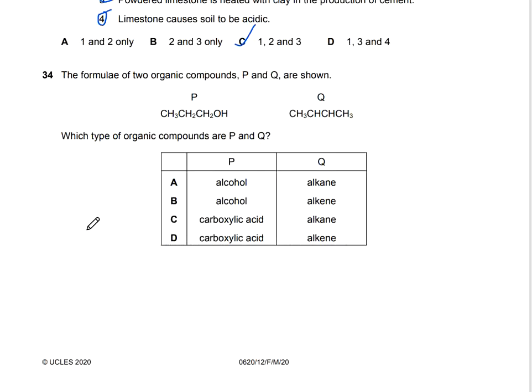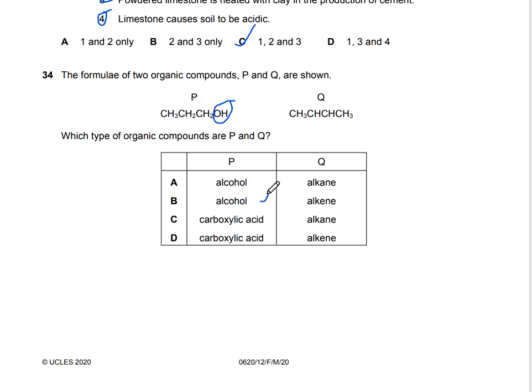Okay. The formulas of two organic compounds P and Q are shown. Which type of organic compounds are P and Q? Actually, with the presence of OH, it means that P is actually an alcohol.